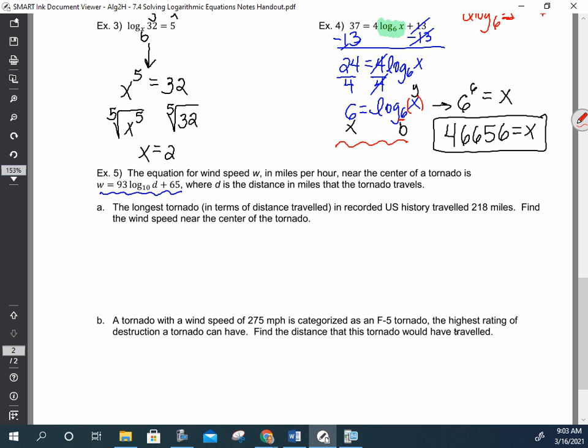So we don't know what W is. They gave us what D was equal to. So this is pretty much a plug and chug problem.